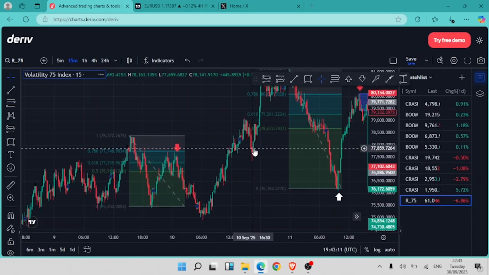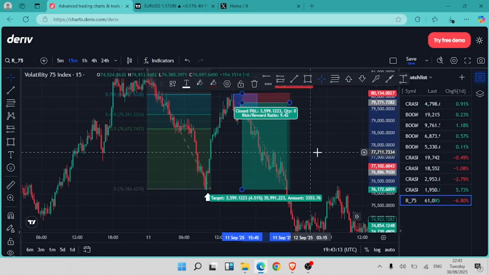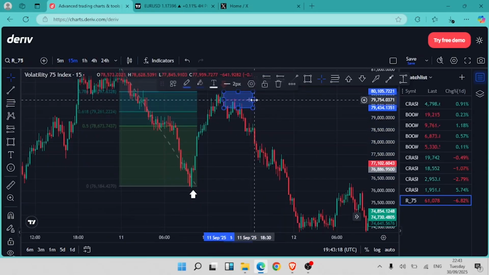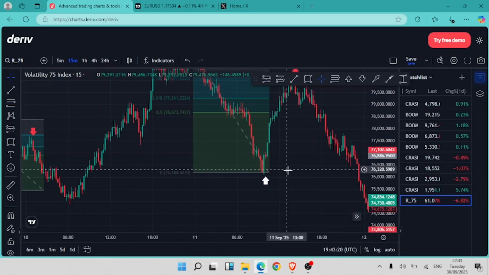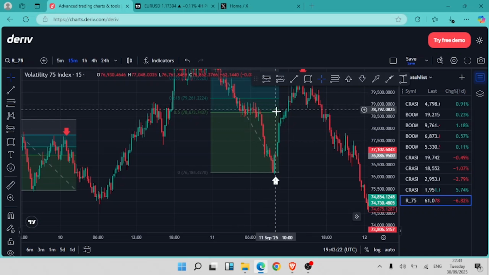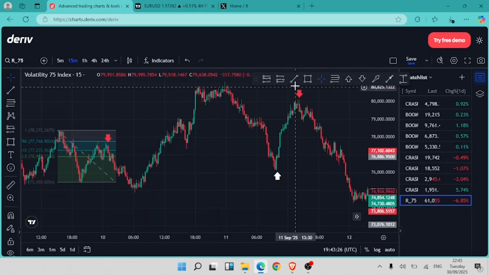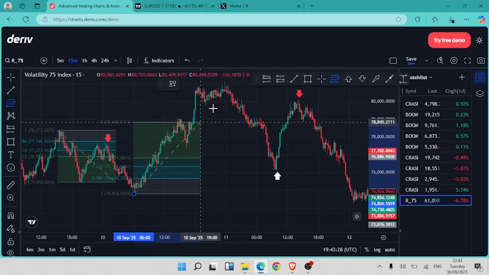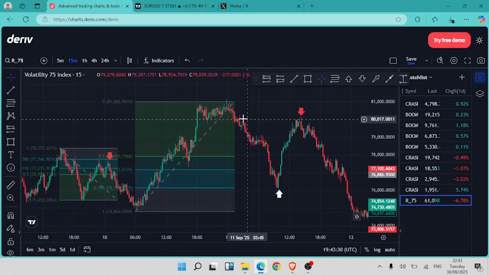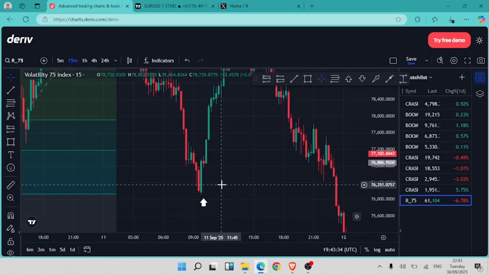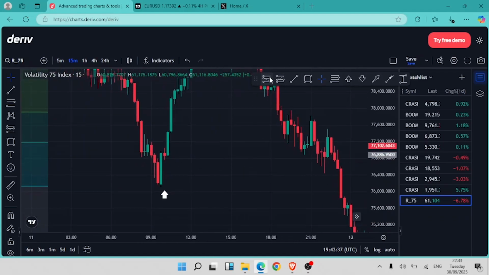So I think the final example, or two more examples, we have, let me remove this now. We have price giving us a significant move to the upside, retracement to the 50%, engulfing candle, and this one you just had one way of engaging.